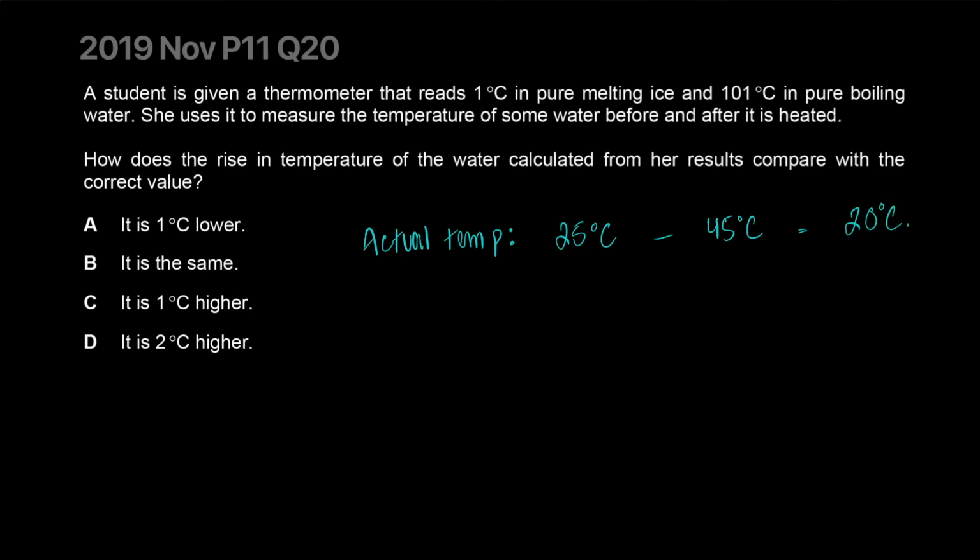But for the student measuring, the reading will say 26 degrees Celsius because it's one higher, it's an incorrect thermometer, right? And it's going to stop at 46 degrees Celsius. And when she subtracts these two values, she'll also get 20 degrees Celsius.